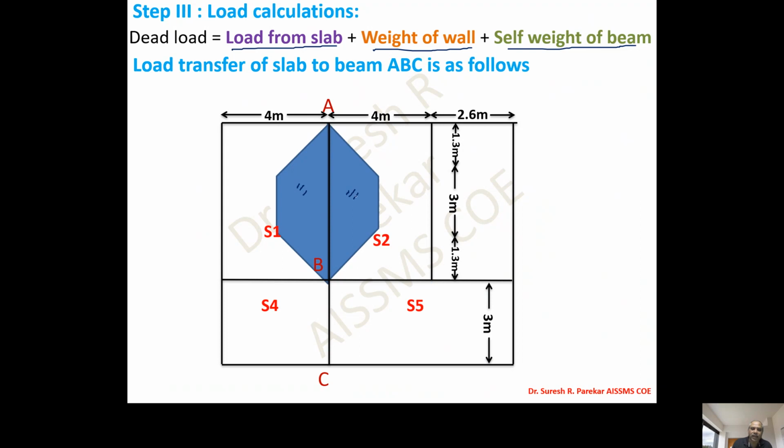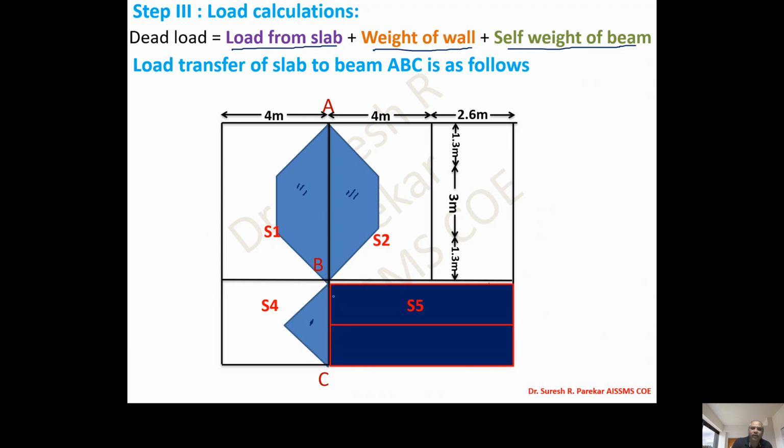So we have only this trapezoidal. Now if we go to BC, this will be triangular load because we have the shorter span. On the shorter span we get triangular load, and this load will be on BC. So you can see likewise.